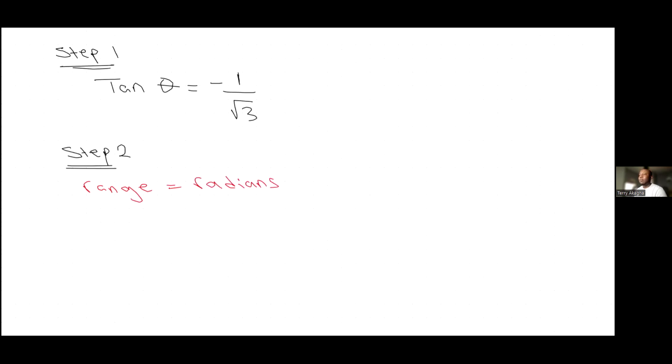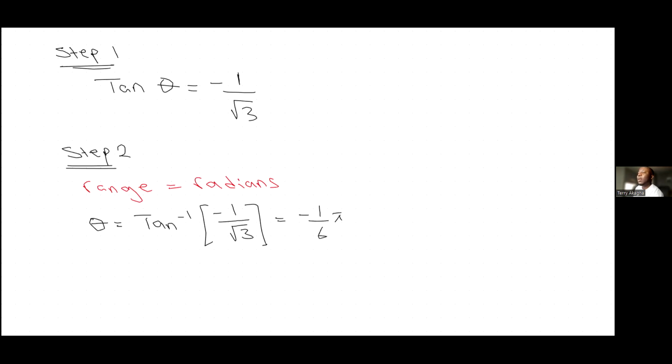The theta will be equal to the tan inverse of minus 1 over square root of 3. When you press your calculator, remember this is in radians, it gives you minus 1 over 6 pi.